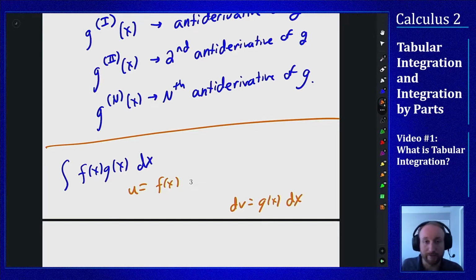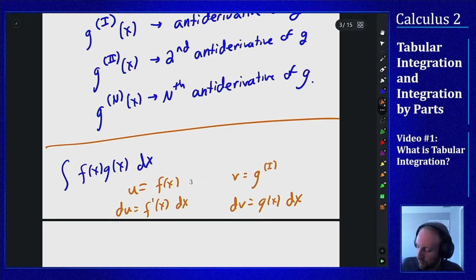Then my du, I differentiate the f, which gives me f prime dx, and for v, I want to integrate g. Well, now I have a notation for that. In an earlier class, in Calc 1, you may have seen this as a capital G, but for the sake of keeping things simple with notation, here's our new one. This will be g upper 1 Roman numeral of x.